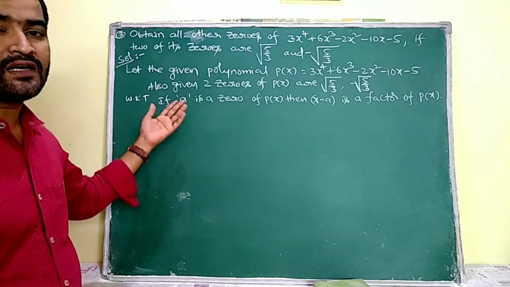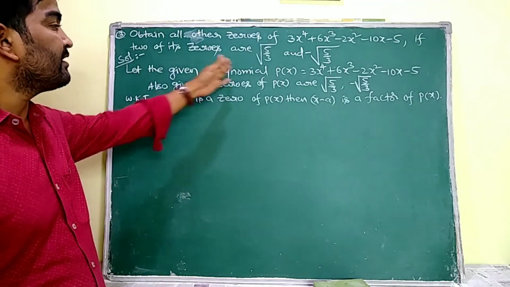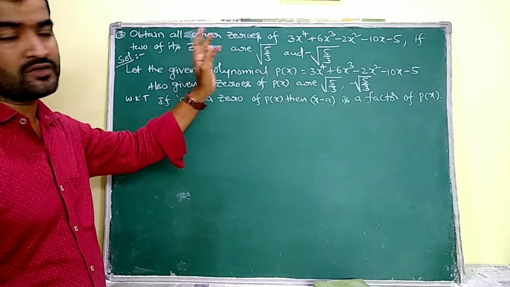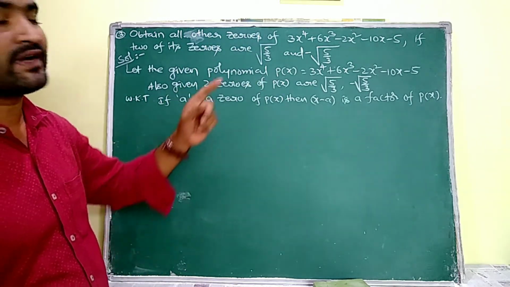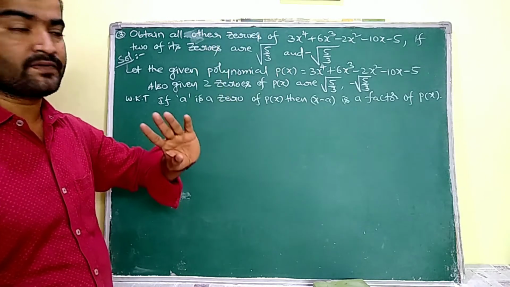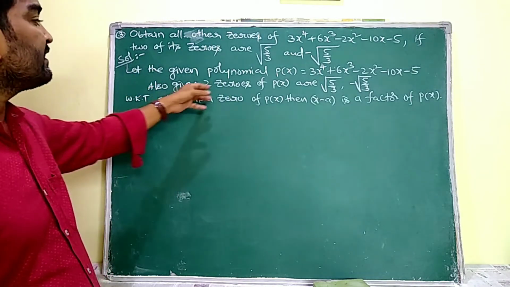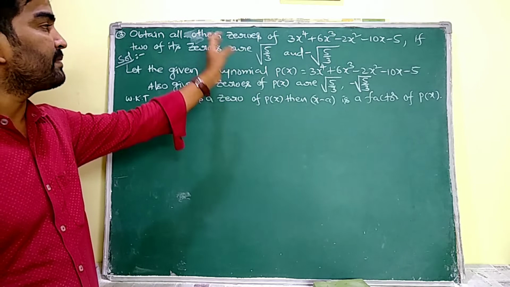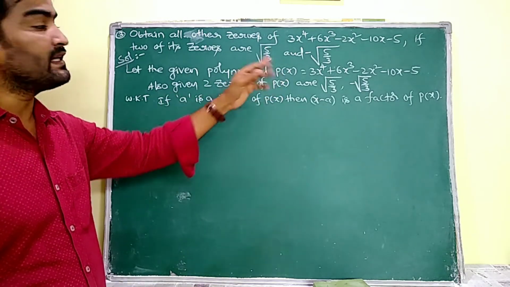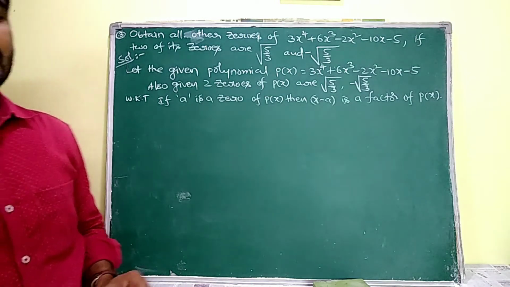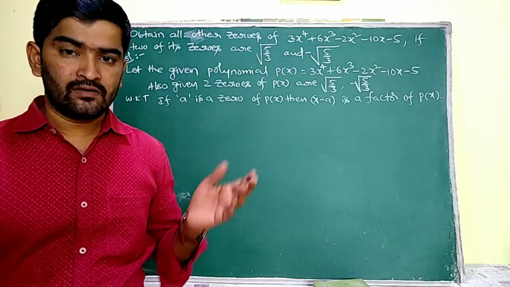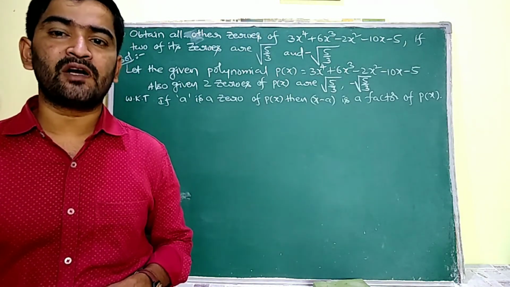To find the other 2 zeros, firstly we have to write the given polynomial as p of x. So p of x is equal to 3x power of 4 plus 6x cube minus 2x square minus 10x minus 5. Also given, 2 zeros of that p of x are root 5 by 3 and minus root 5 by 3. Now we have to recall a concept of 9th class.